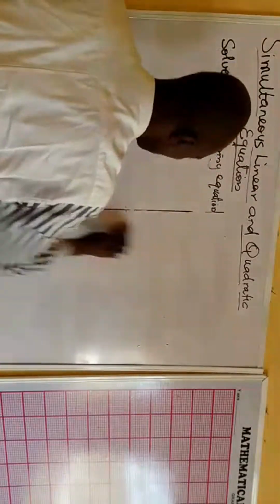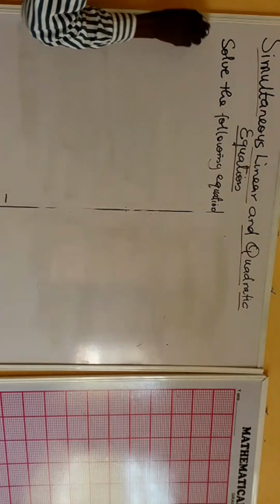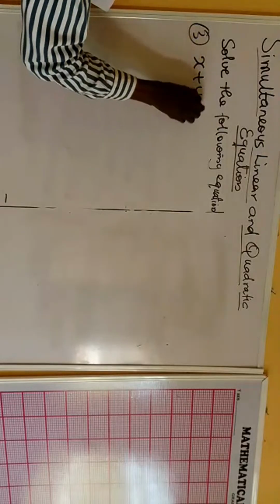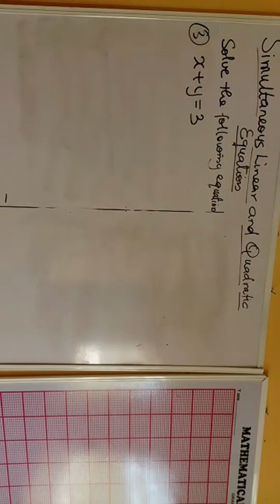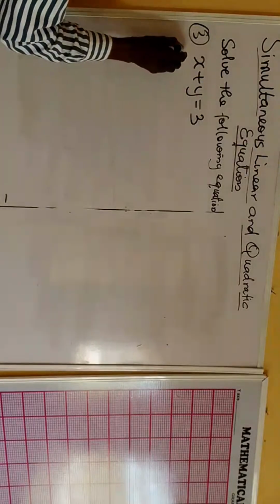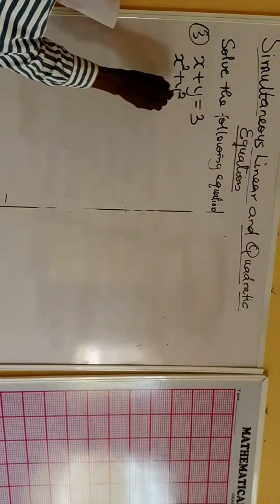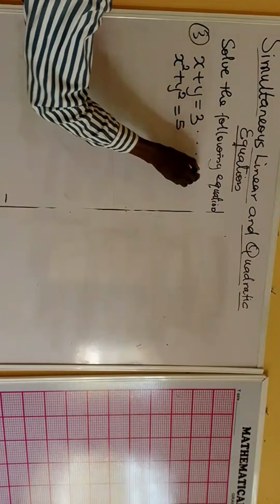So let's do example number 3. We have x plus y is equal to 3. X squared plus y squared is equal to 5. Okay, let me call this equation 1.